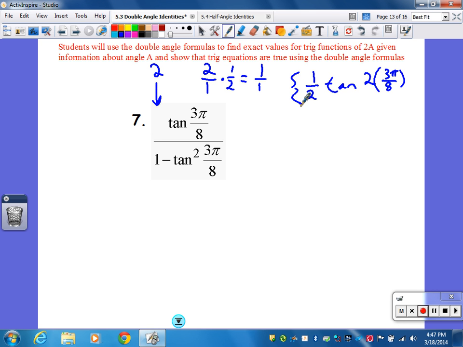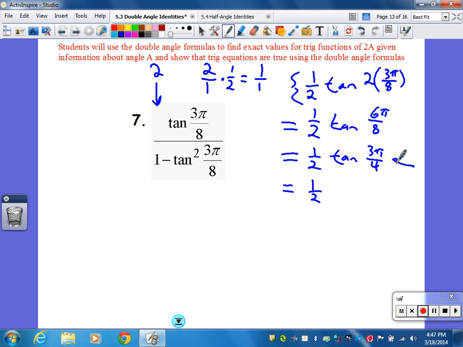So we're going to have 1/2 tangent, and that's going to be 6 pi over 8, which can simplify down to tangent of 3 pi over 4. So now we have 1/2 times, well, we should know that this is -1. So 1/2 times -1 equals -1/2.